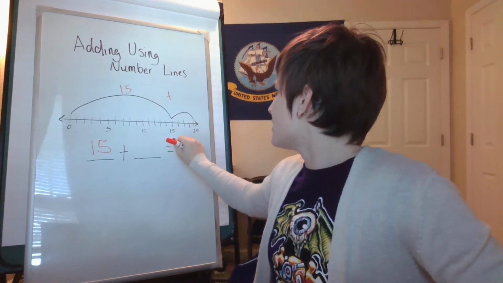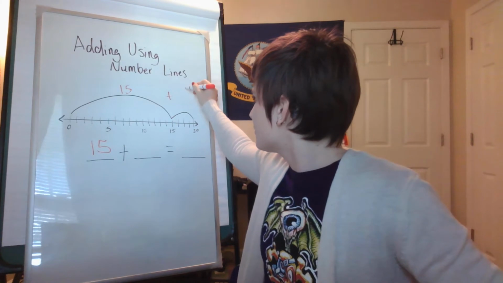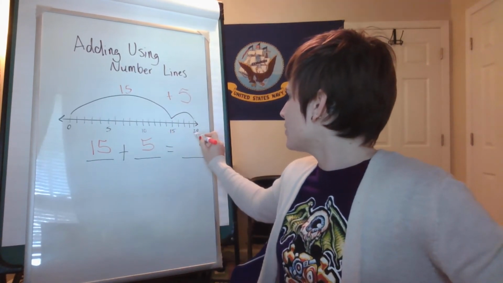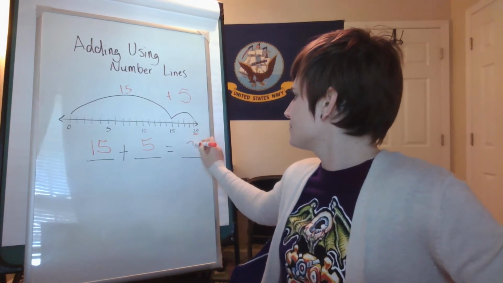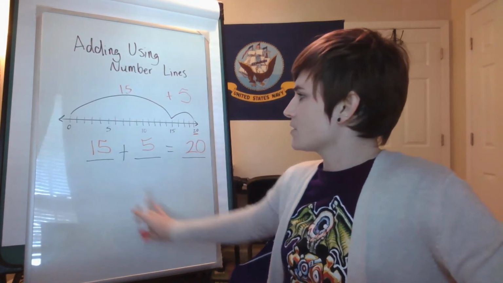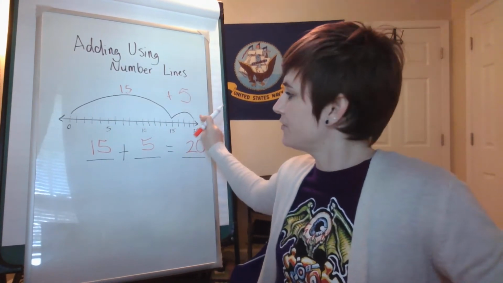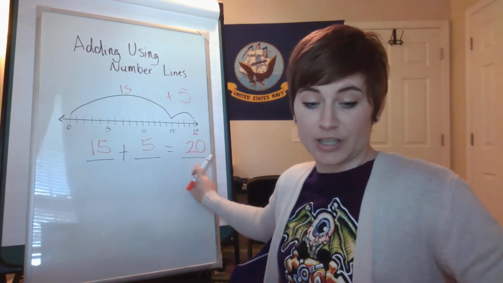So we'll count our tally marks. 1, 2, 3, 4, 5. So there's 5. So that's plus 5. I know my total is 20. So you have 15 plus 5, so jump another 5, equals 20. 15 plus 5 equals 20.